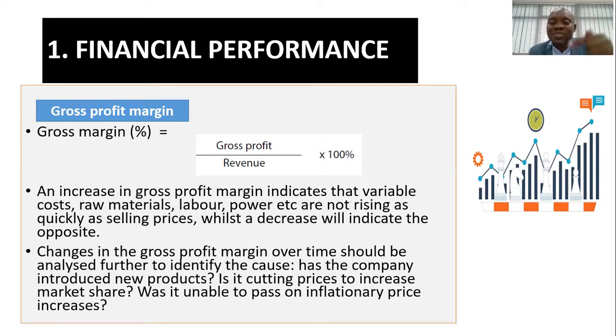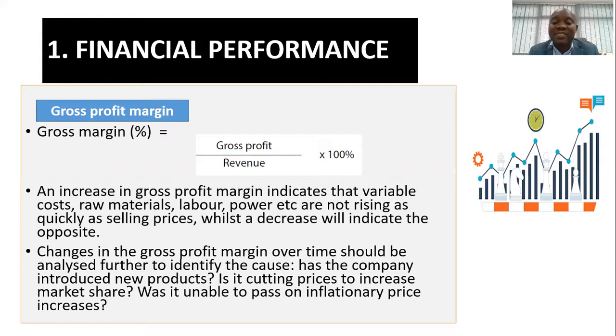You want to reduce the price of your product so that you can increase the customer base without increasing revenue, or the revenue is not going to increase at the rate at which your cost of sales are increasing. What is really happening? This is why you need this gross profit margin. It's a very important metric.